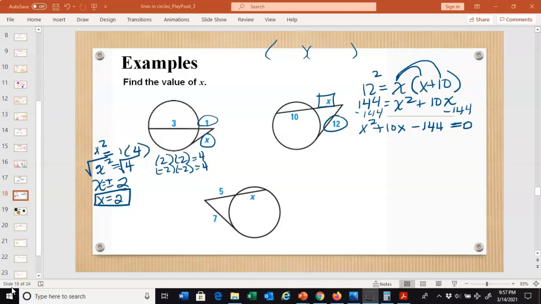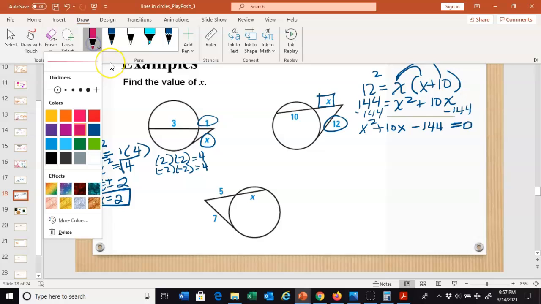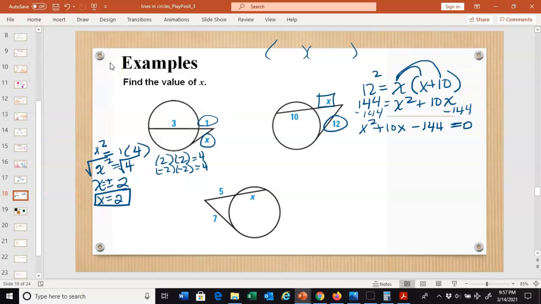And how you learned how to factor or how you like to factor. I like to factor using what I call the MA chart. And if you had me last year, you'll likely remember this. Remember, we're looking for two numbers that multiply together to give us the first times the last. So that's negative 144x squared.